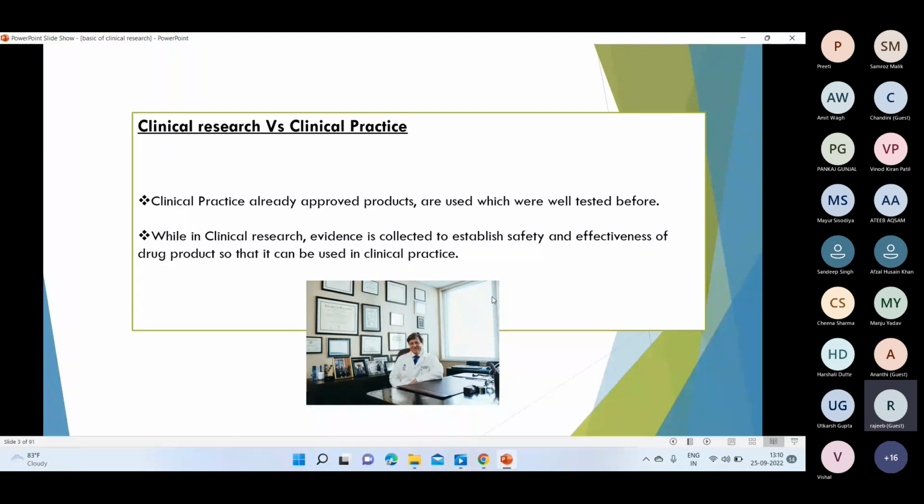We gather the evidence to establish safety and effectiveness of a drug product, so that it can be used in clinical practice. So in clinical research, we are going to generate the data, the evidence, so that we can establish the safety and effectiveness of the drug product, or medical devices, or surgical operations, anything. While in clinical practice, we already deal with the approved product, for which we have already established the safety and efficacy.